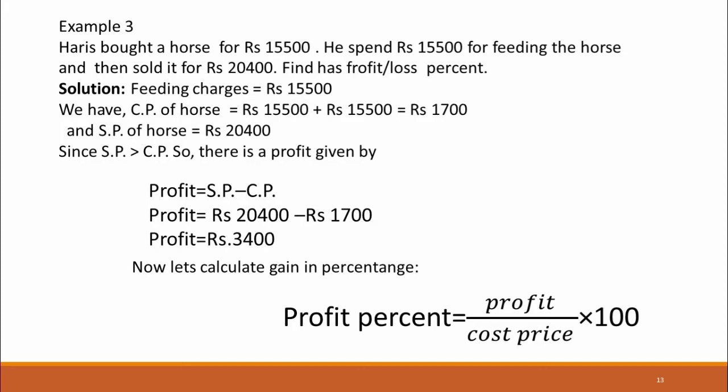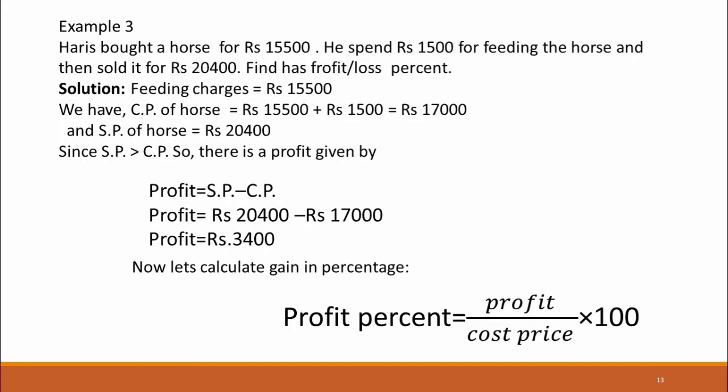So find his profit or loss in percent. We have the cost price for the horse as 15,500 and the sale price as Rs 20,400. Find its profit or loss percent.